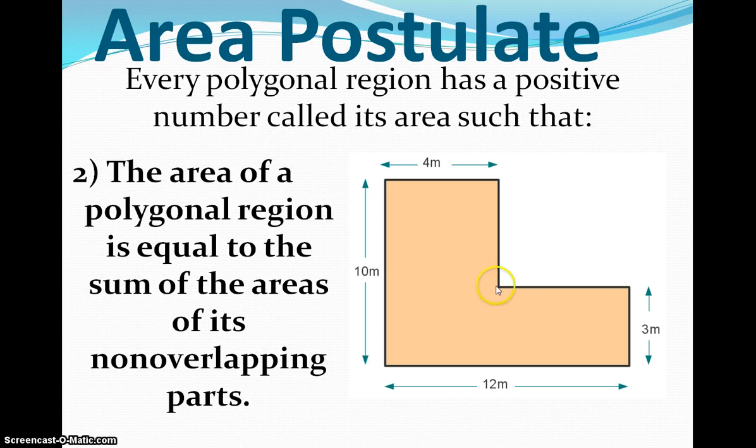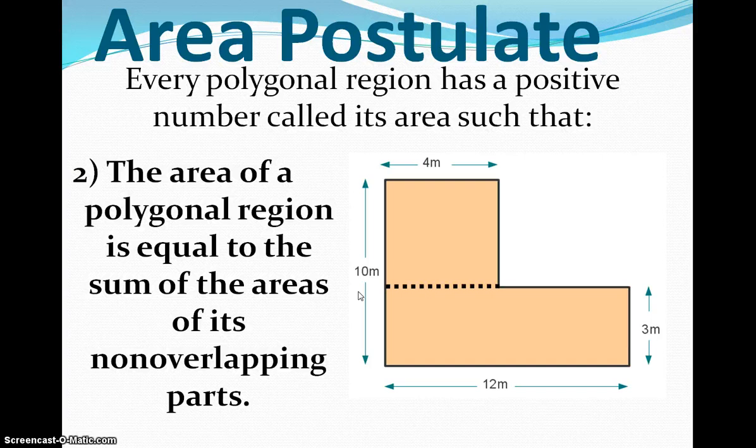One way is to take my pencil and draw a line separating this figure into a quadrilateral up here and a quadrilateral down here, making them both rectangles. If I found the area of this one up here and the area of this long one on the bottom, and added them together, the sum of the areas would equal the entire thing.